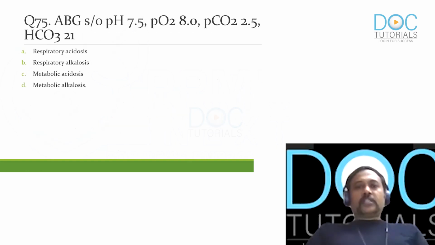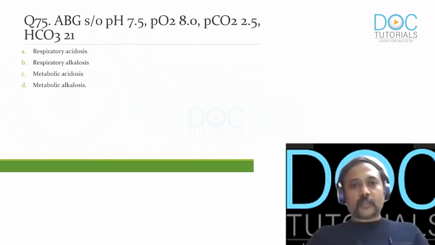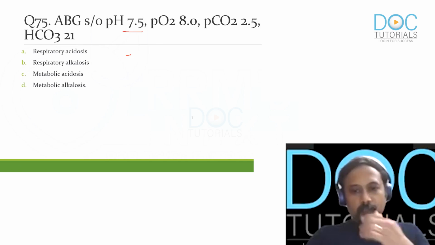So ABG, not really many people's cup of tea, but there are some clues that you can look at. The first thing, whenever you're talking about acid base, is you look at the pH value. This pH value is going to tell you whether it is acidosis or alkalosis. What is the normal pH?